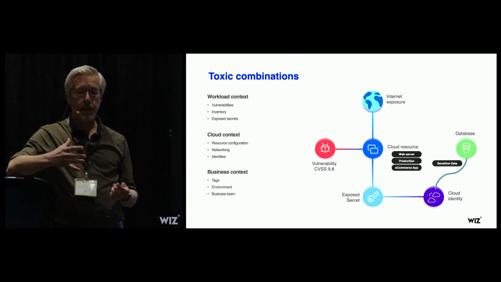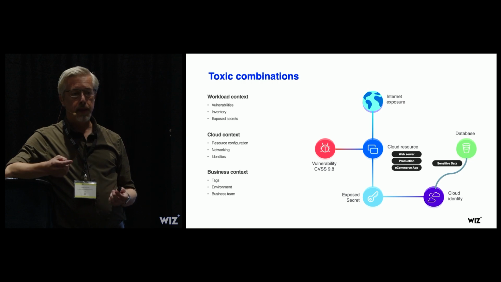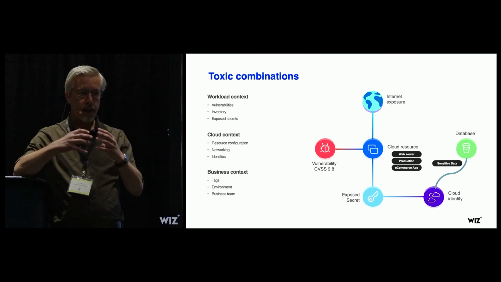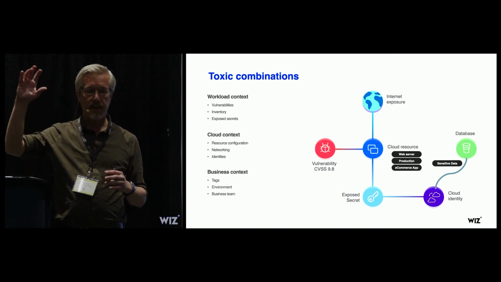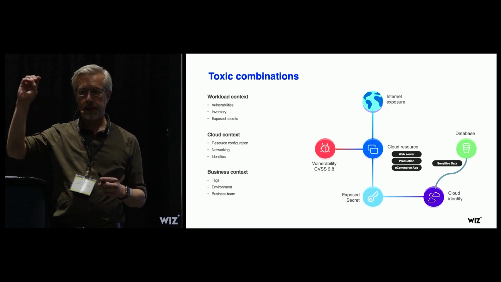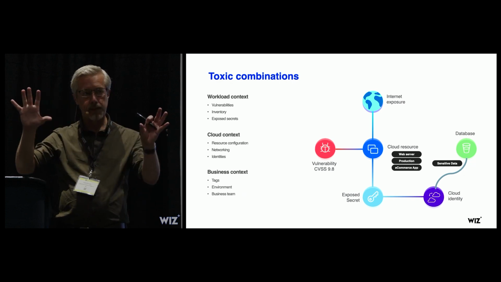So you want as much information as possible so that it's actionable, but also so that you have a view that says, when I combine all this stuff, if I only had Monday out of my week to deal with stuff, this is the stuff I need because it has a terrible combination.